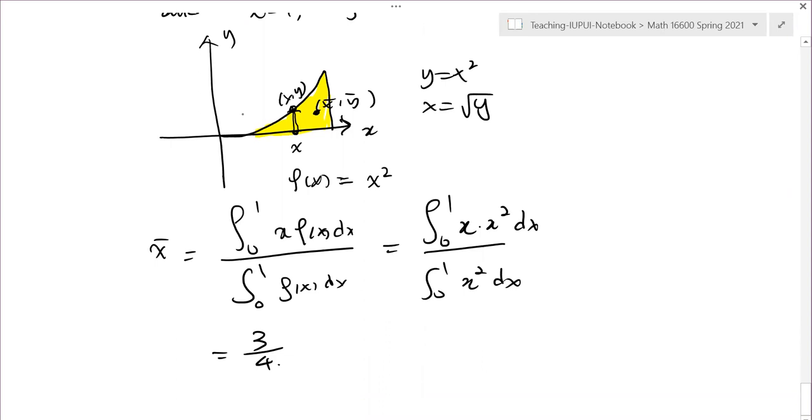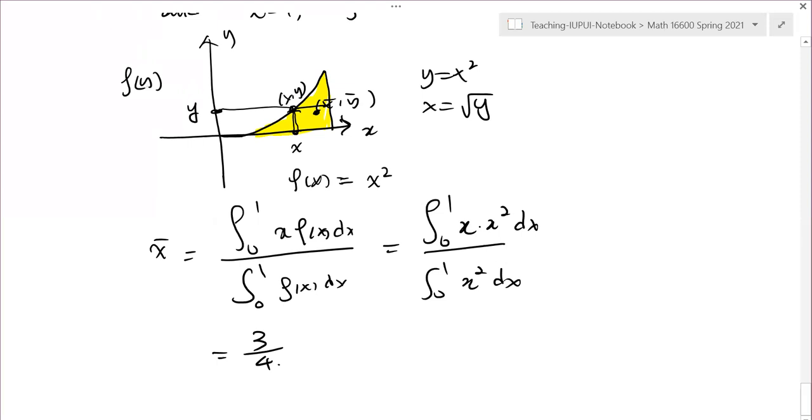For y bar, I need to project this region onto the y-axis. So at the point y, what is my density function? If I use rho, then it's rho(y).